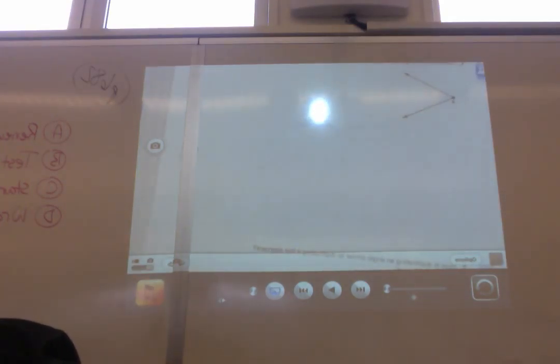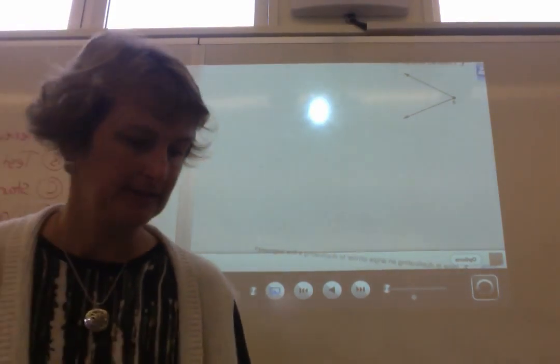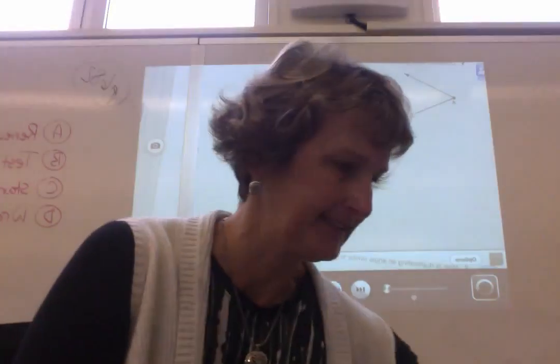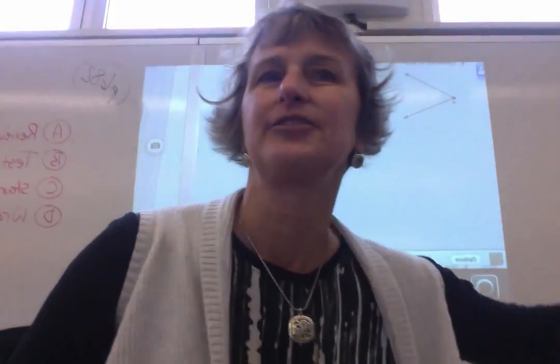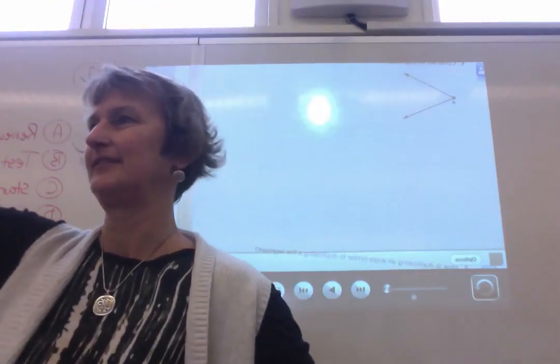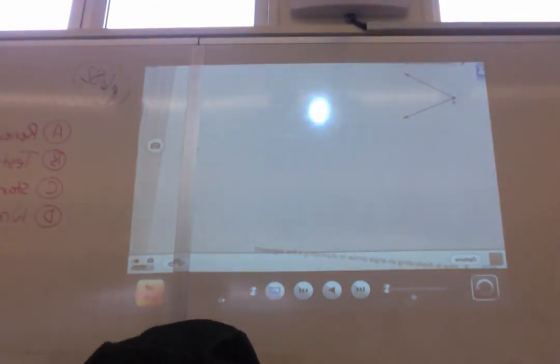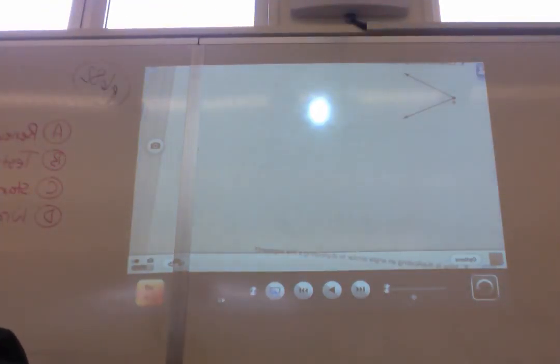Let's look at these angles. Did you get a compass yet? Do you guys all have a compass? Yeah, you've been using it to stab things. You all right over there?